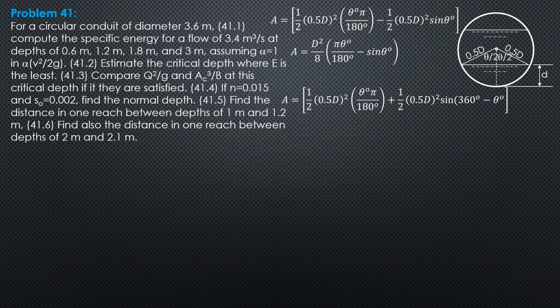But if we expand sine of 360 degrees minus theta, it is sine 360 cosine of theta minus cosine 360 sine of theta. Sine 360 is 0. Then minus cosine of 360, which is 1, times sine of theta, so this is negative sine of theta.